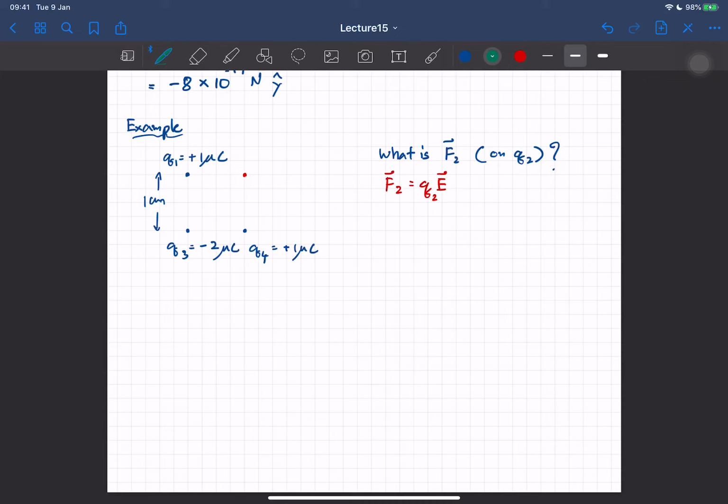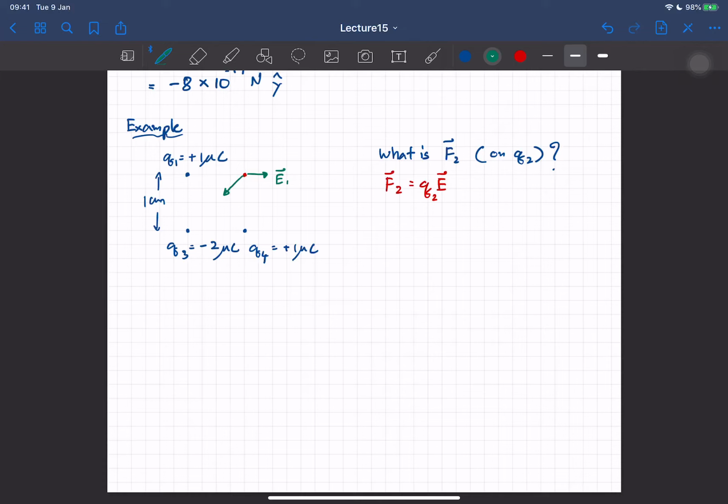Q1 is positive, so the electric field from Q1 is gonna point away from Q1. So E1 is gonna point that way. That's E1. Now what about Q3? Q3 is negative. So the electric field is gonna point towards Q3.